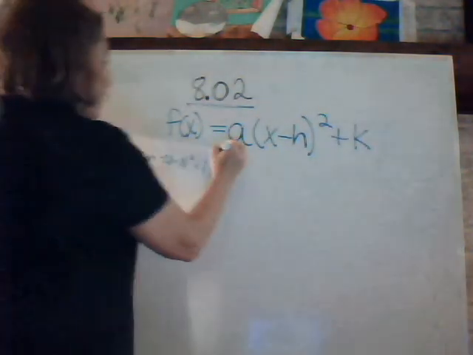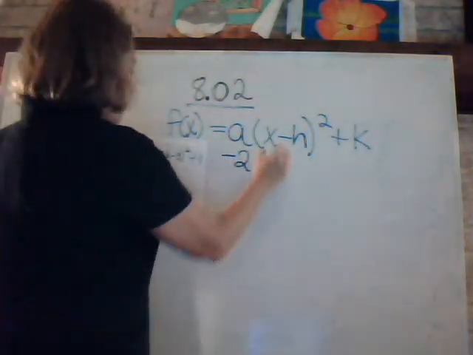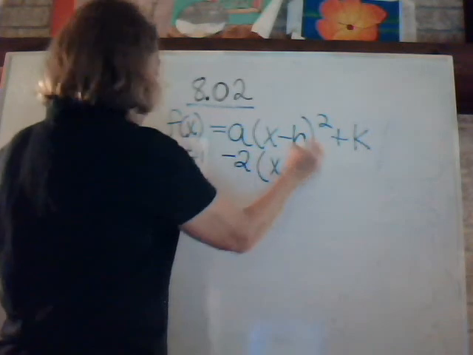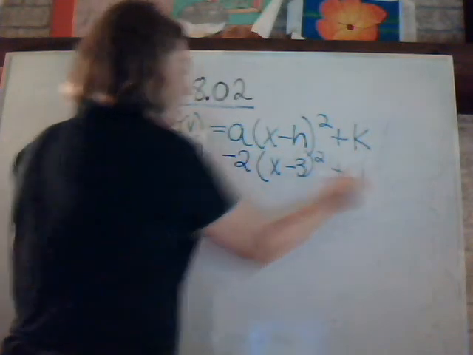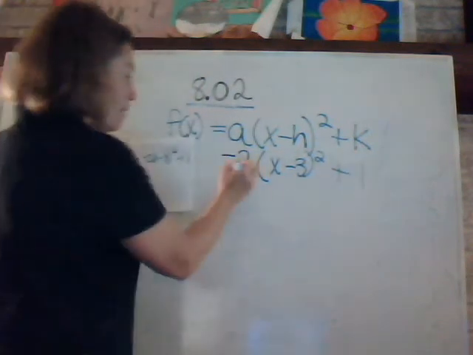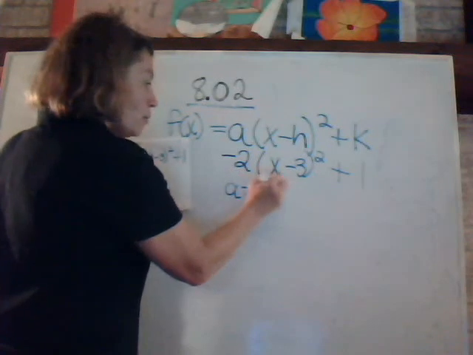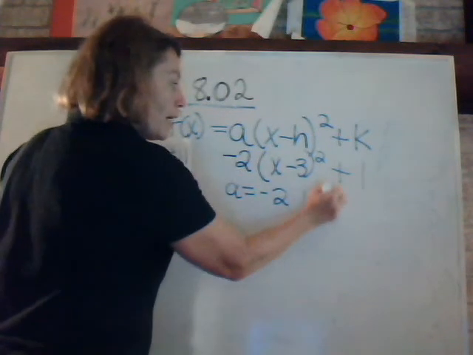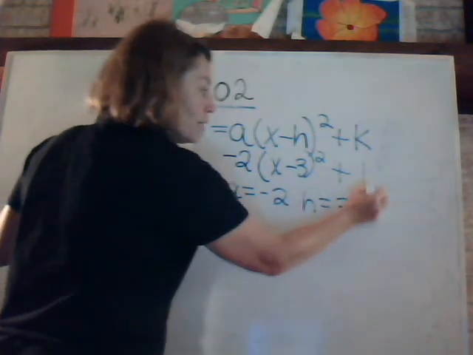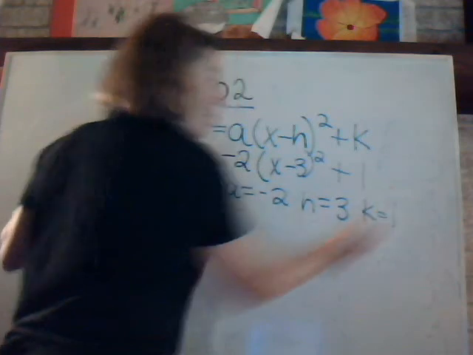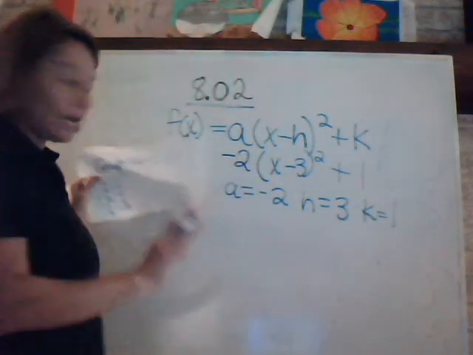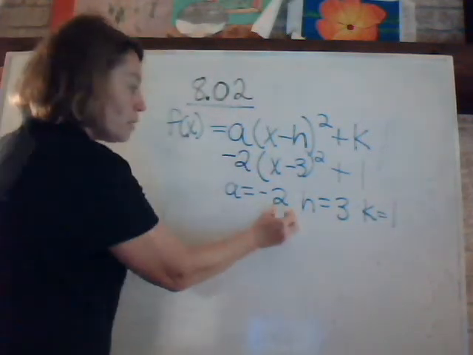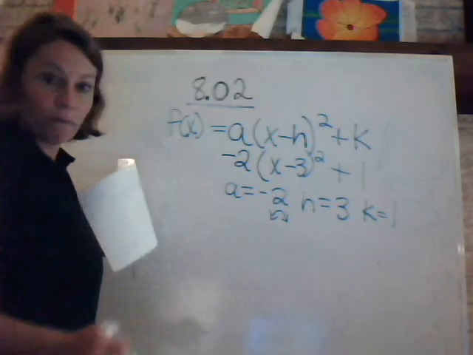Okay, our problem is negative 2(x minus 3) quantity squared plus 1. Okay, the a is negative 2. The h and k are positive 3, positive 1. Okay? So decide that first. We know this is going to be a parabola facing down.